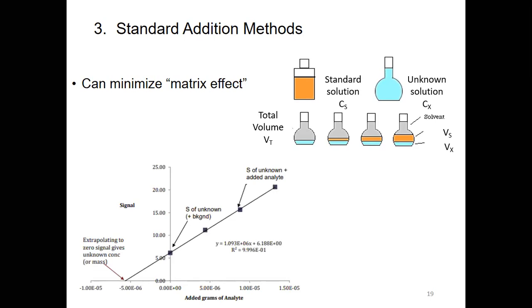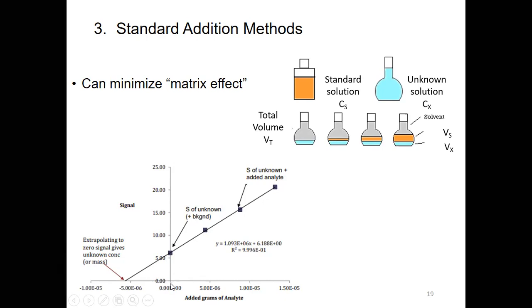So here, this is the calibration plot of the standard addition. Ignore that the x-axis says added grams; you can take it as a concentration, or grams is also fine. The x-axis is the added concentration of analyte.